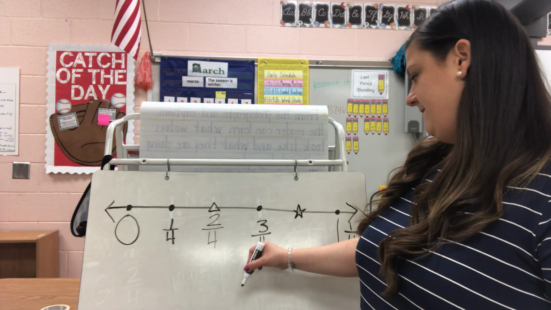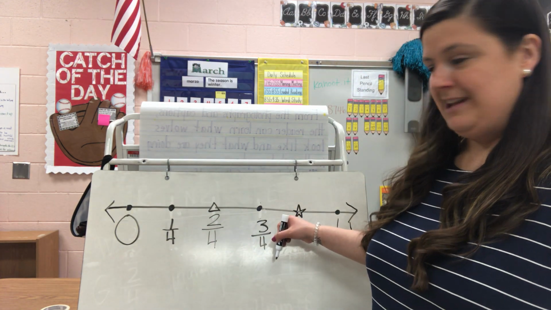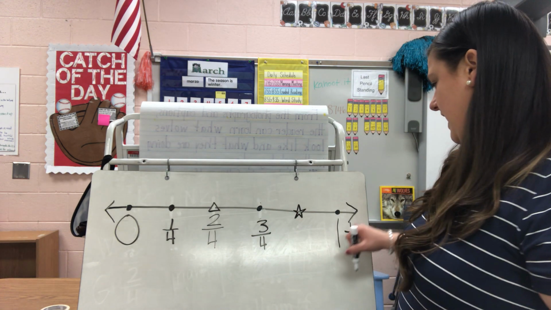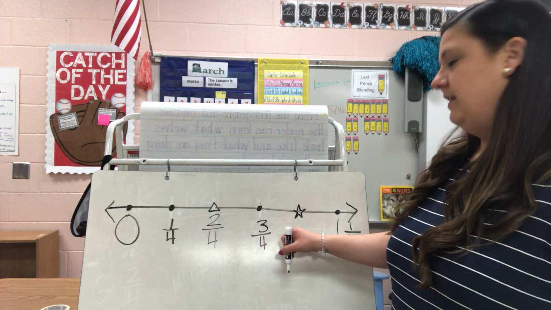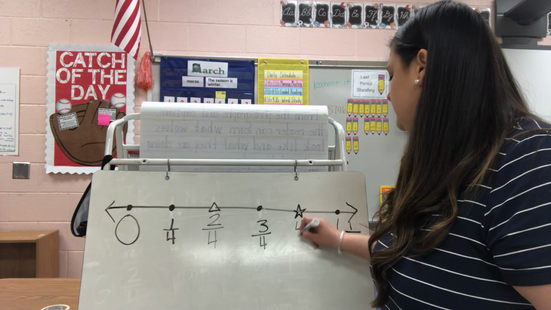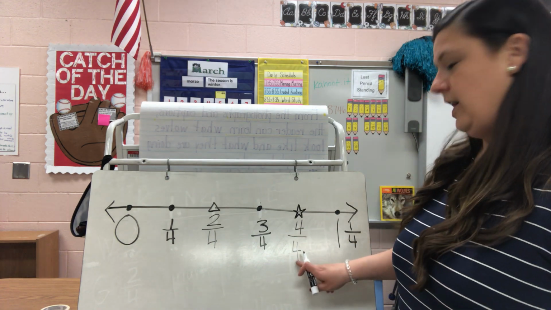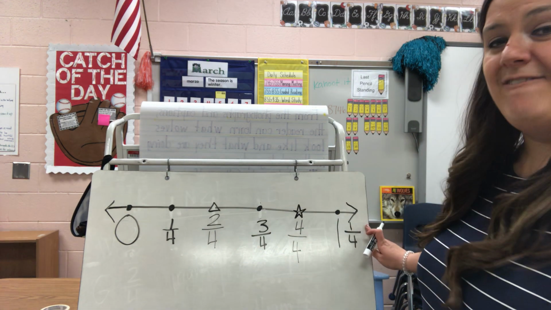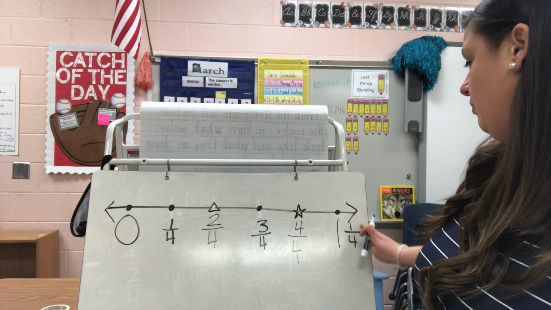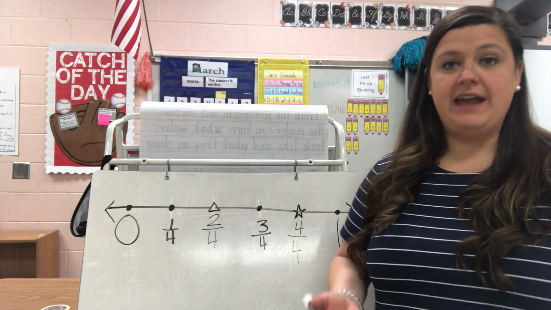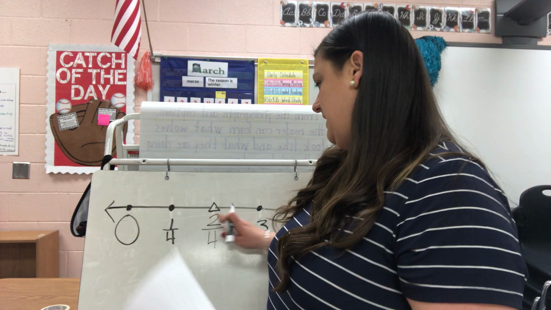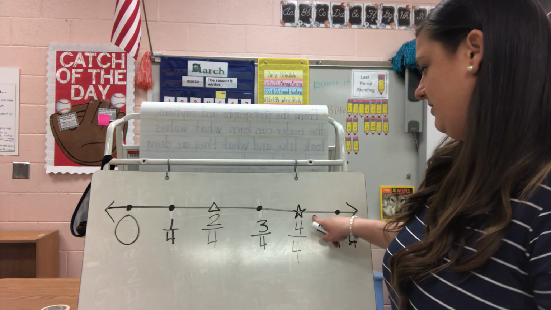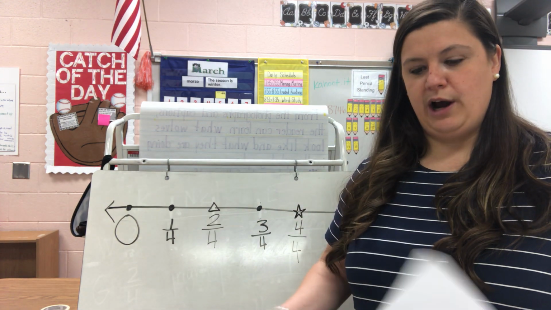Then, after 3/4, we have a star. And then after the star, we have 1 and 1/4. Well, what would come after 3/4? 4/4. And 4/4 is also equal to 1 whole. So instead of writing 5/4, they put 1 whole and 1/4, which is essentially the same thing. Okay, so now we've labeled our number line to show what the shapes represent. The triangle is 2/4, and the star is 4/4, or 1 whole.